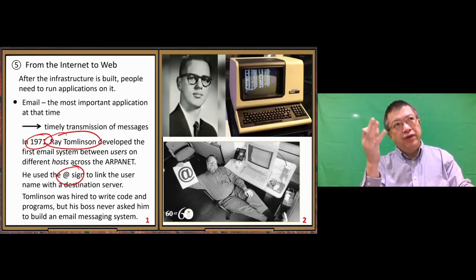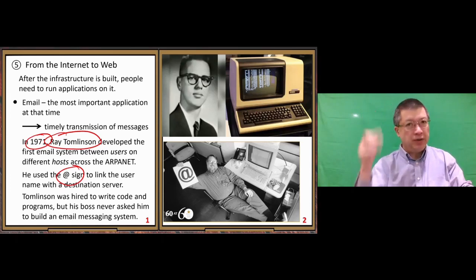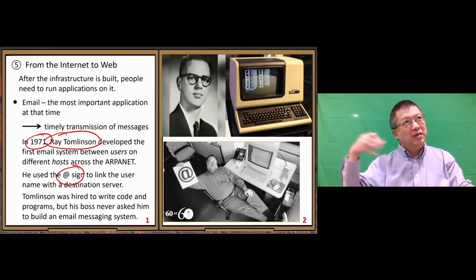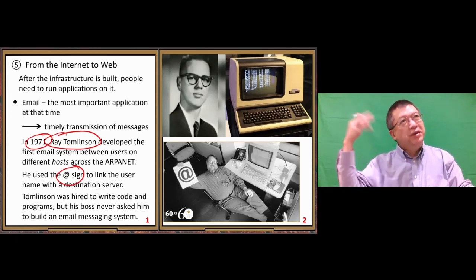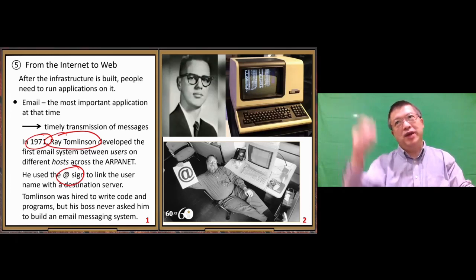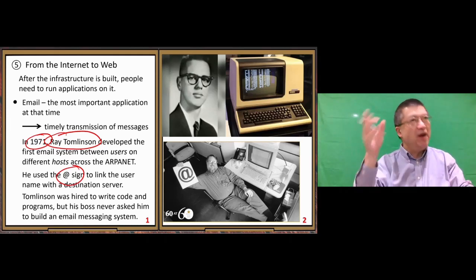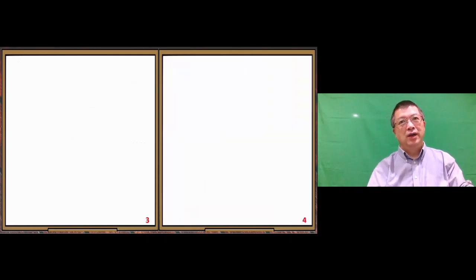He felt this was a very useful application, and he developed it. So you can see, many people develop new technologies in this way. Nobody told them to do it. They just want to develop.